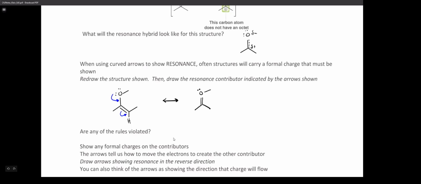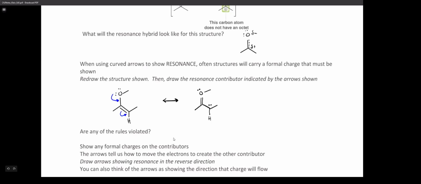So they went from being shared to belonging totally to the carbon. That is valid because nothing is violating the octet rule, right? We haven't violated the octet rule anywhere, but this is not done. If you left it like this, you would lose points.